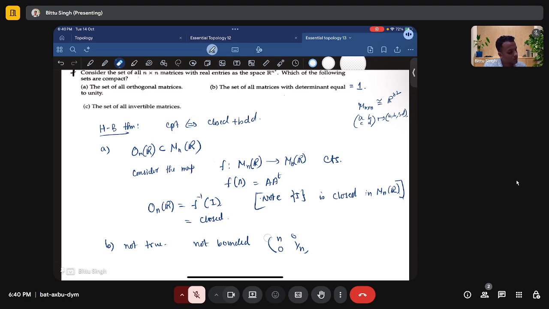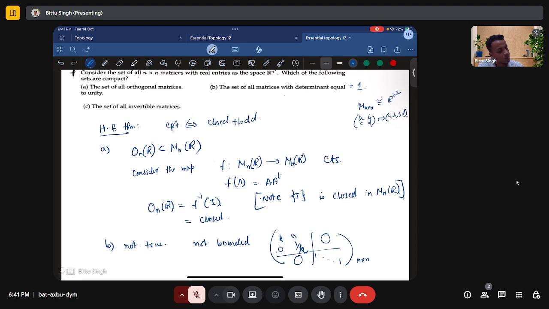It is n by n matrices. Something like k comma 1 by k, and every other entry is 1, and those are 0. Then as k tends to 0, the distance becomes greater and greater, right?